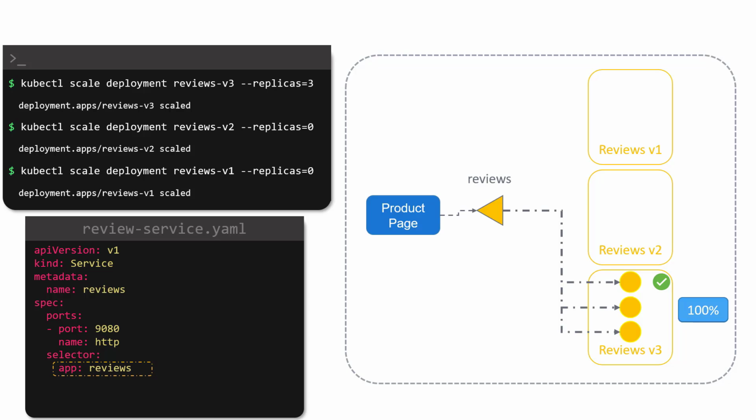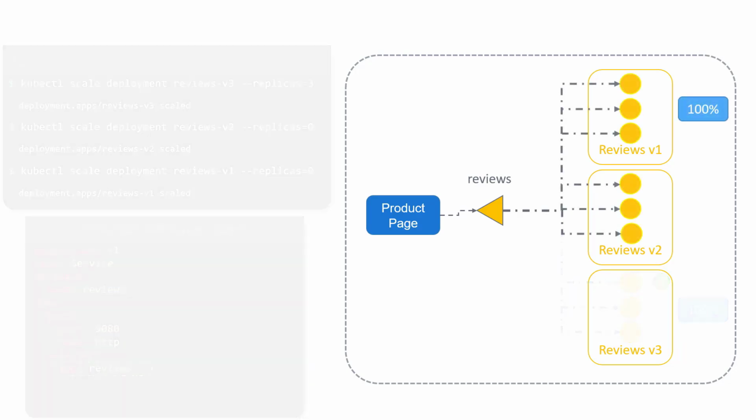This whole process is the native Kubernetes way of performing canary tests and controlling traffic between different versions of services. However, this has several challenges. Earlier, we had 100% of traffic going to version 1. And then version 2 was deployed. We had 75% going to version 1 and 25% going to version 2.